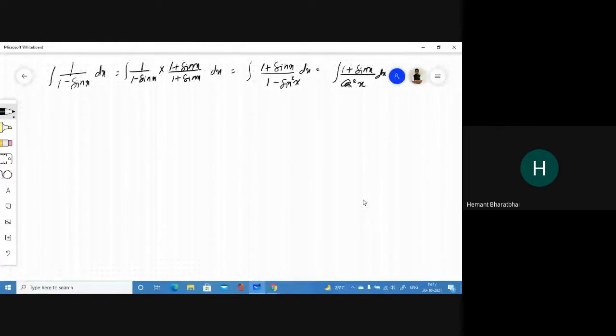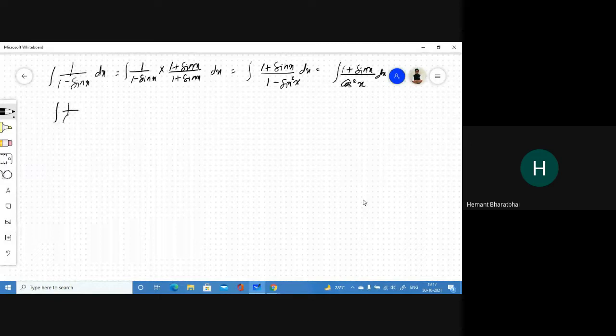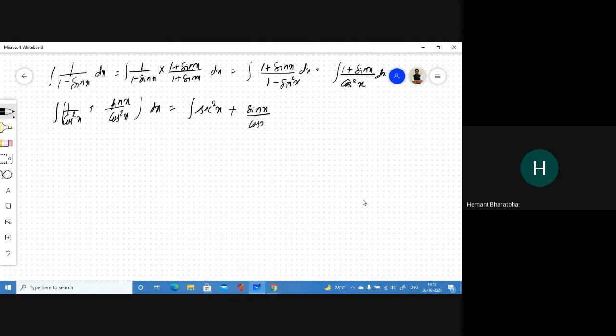So I'll just simply separate it and I can write it as 1 upon cos square x plus sin x upon cos square x, the whole dx. Now 1 by cos is sec, so this will become sec square x, and sin x by cos x into 1 by cos x. This is how I can write cos square x also, right?